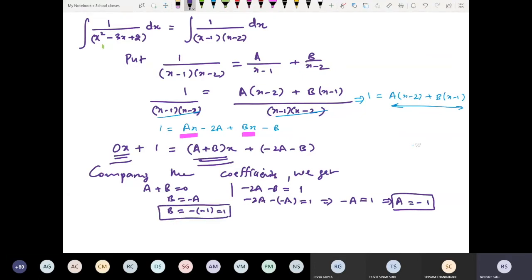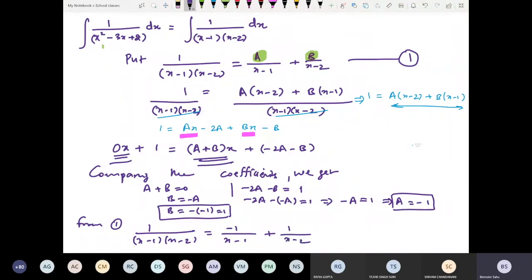Now we make it equation 1, and now we will replace a by its value and b by its value. So from the first we are getting this as equals a by, so value of a is minus 1, plus b by, value of b is 1.